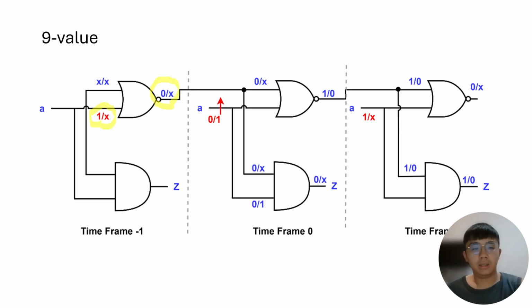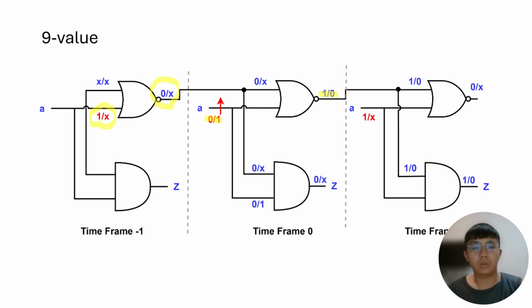Next, we select the second input of time frame 0 to 0, and it will be 0/1 since it is stuck at 1. After that, we obtain 1/0 on the output of the NOR gate of time frame 0.